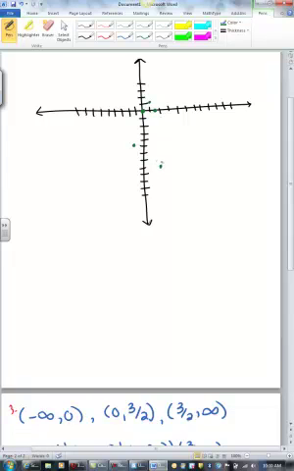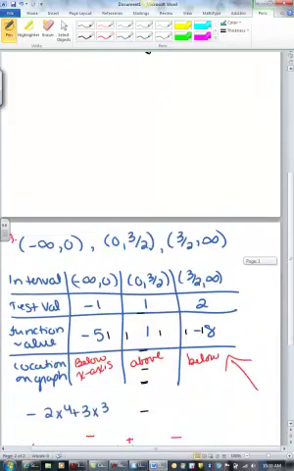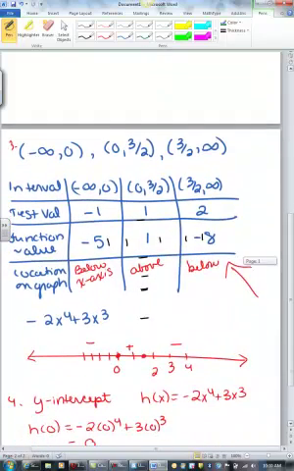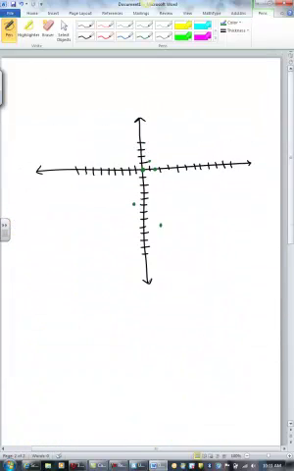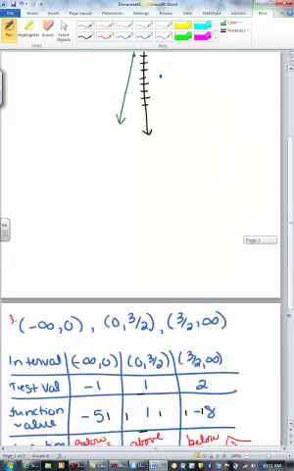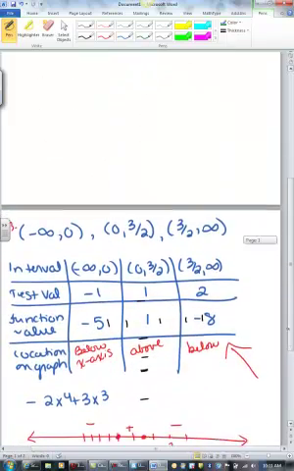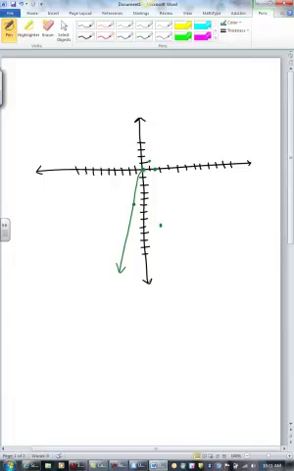What we're going to do from there is think about how this worked for us, remembering my intervals here. I am below the x-axis from 0 to negative infinity, so I know that this is going to be going down. I'm above the x-axis from 0 to 3 halves, so this is going to be coming up, and then we are again below the x-axis from 3 halves to infinity.